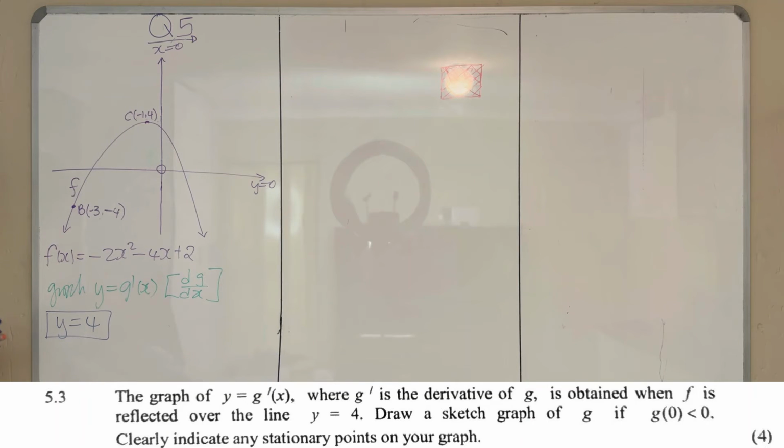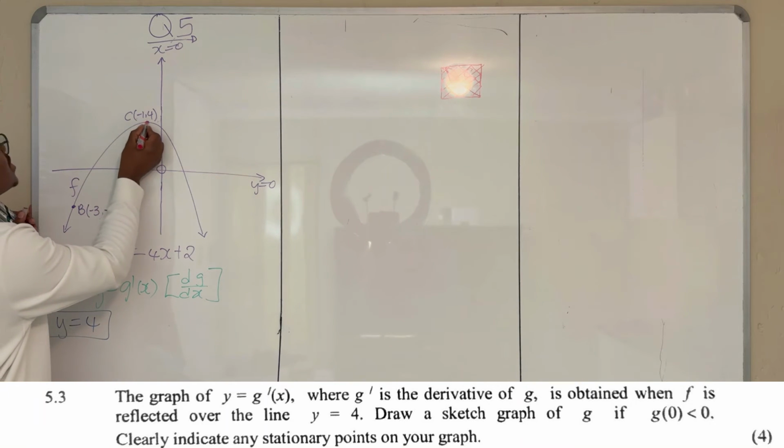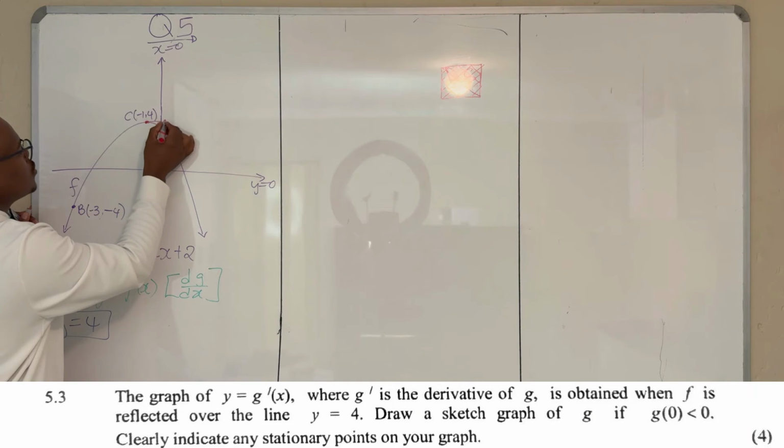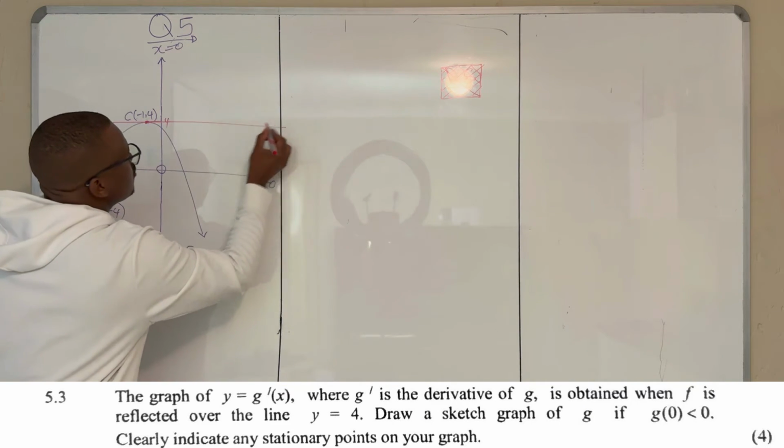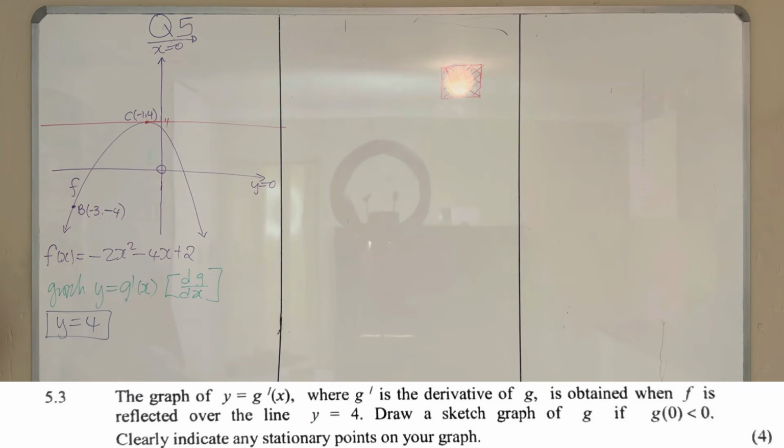So in that case, your line is y is equal to 4. What kind of a line is this? Look at its orientation. It's a horizontal line. So this is y is 4 here, right? So it's 4 here as well. You must reflect about this line y is equal to 4. You are reflecting this function over here, so what you will get is the image of f, which is defined as the derivative of function g.